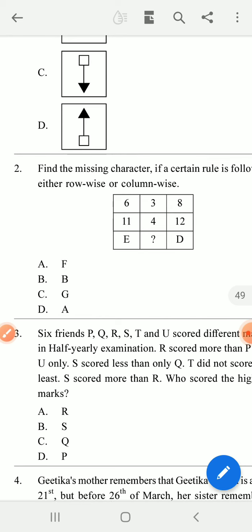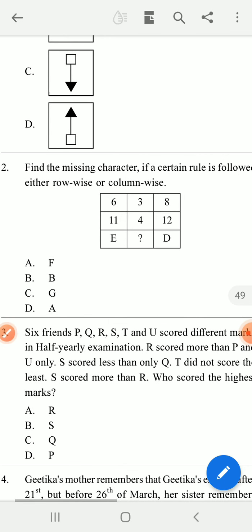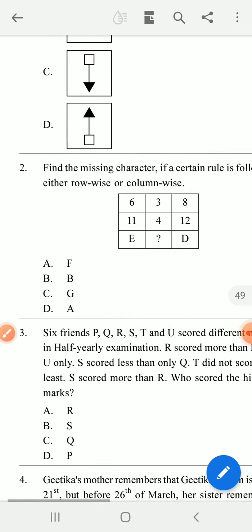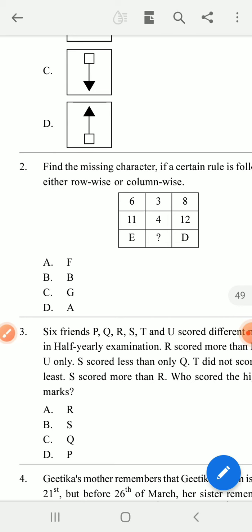So first find out E and D, and then add all the numbers diagonally, horizontally and vertically, and the same value comes. So the answer is D. D is the answer. A means 1 comes in the line.